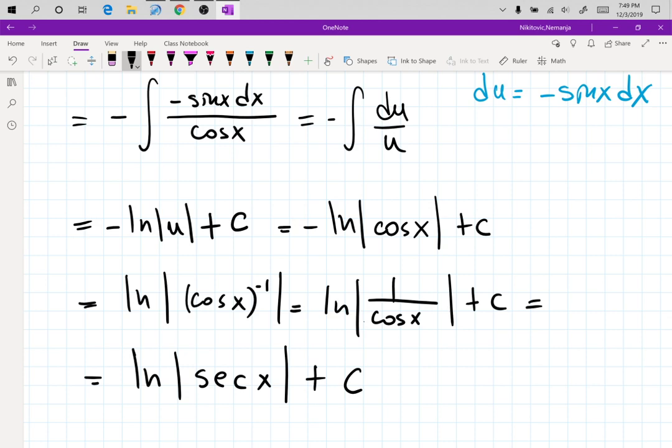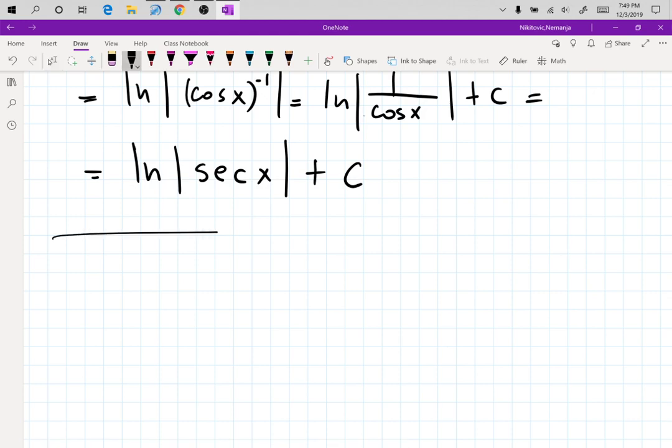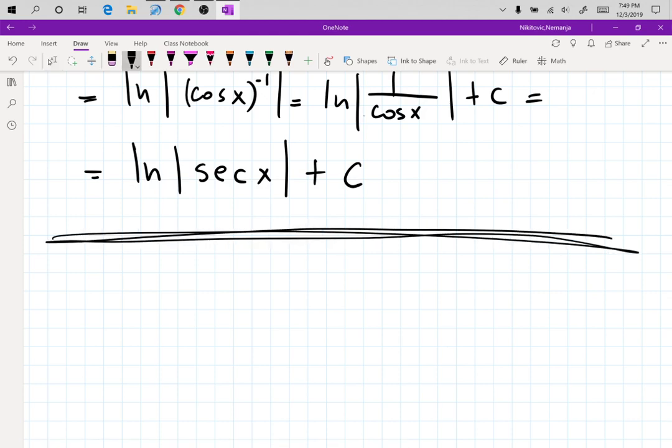Do we have time for one more? Yeah, one more. Easy. Yeah, I don't want to go home early, you know. Ready? Ready. Okay. The integral of, what should we do? Sine or cosine?